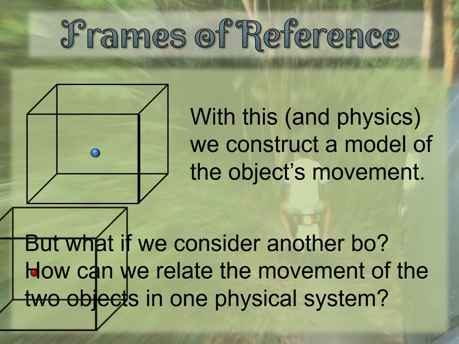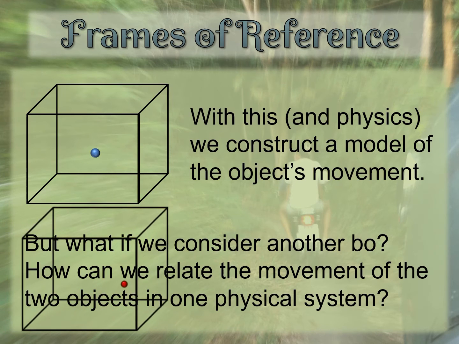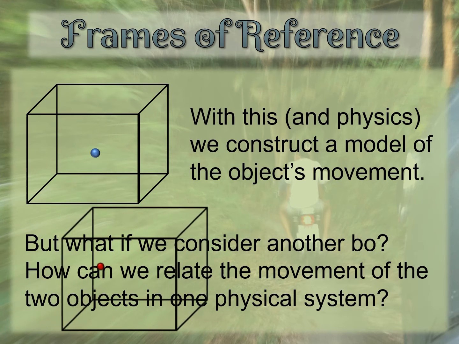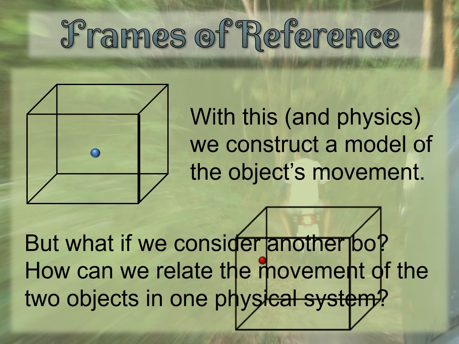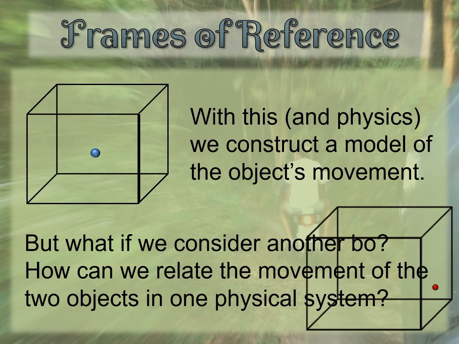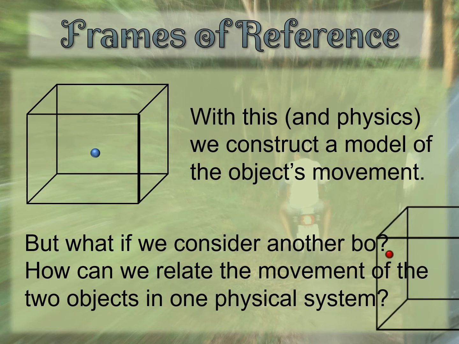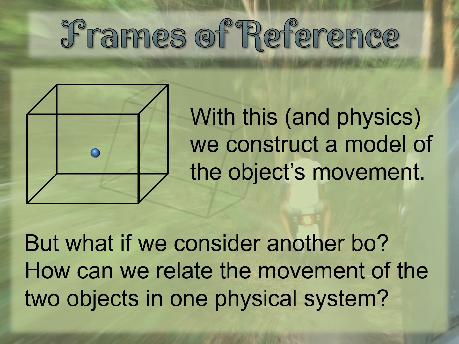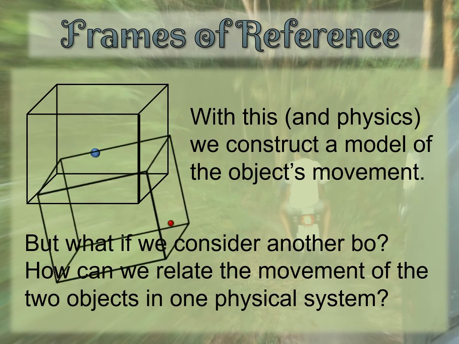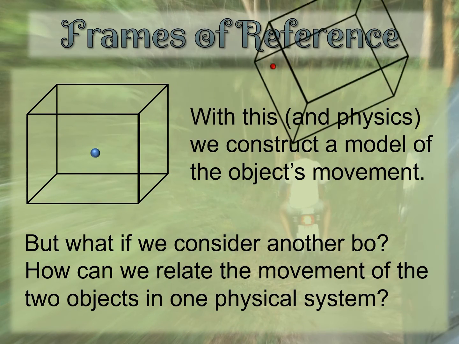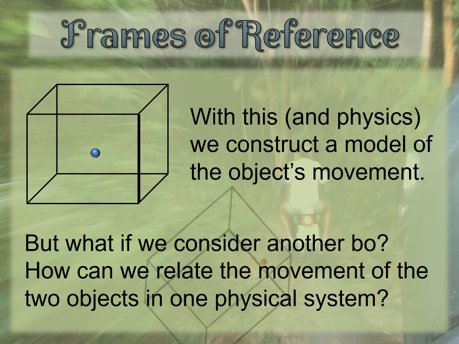It could be in a car driving down the road or in a spaceship flying through space. So the same rules will apply, but we have to take into account the fact that the reference frame itself is moving. And so some of the biggest problems of the physics of motion are about how we can relate the movement of two objects in two different frames of reference under one set of equations.